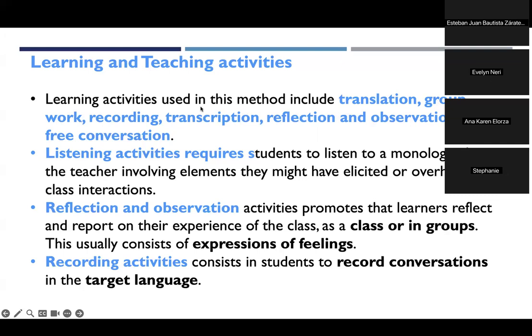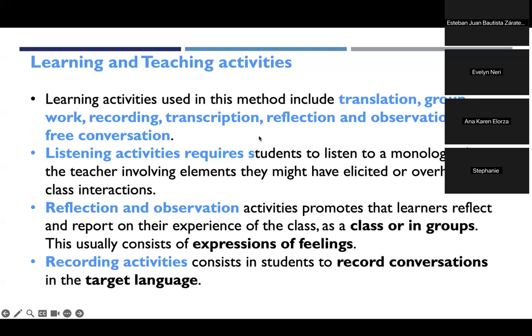Reflection and observation activities promote that learners reflect and report on their experience of learning. That's a moment where students can express how they feel when reviewing a topic that may be interesting for them, or a language content that they considered quite difficult, but thanks to the design, they can now say it's quite easy to understand. And then recording activities.